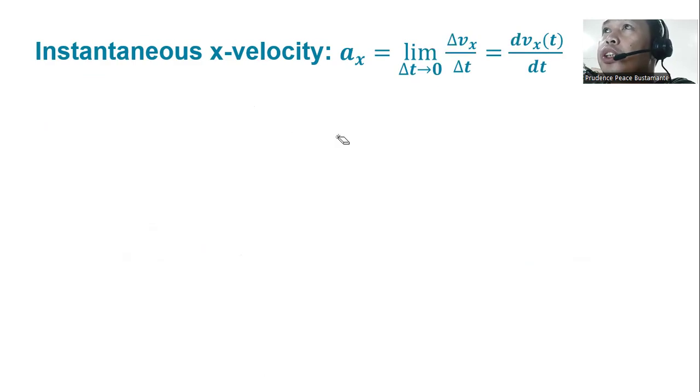Or if you know the position, you can differentiate it twice. You can get the instantaneous velocity, then you can get the instantaneous acceleration. By the way, this is not velocity, this is acceleration.